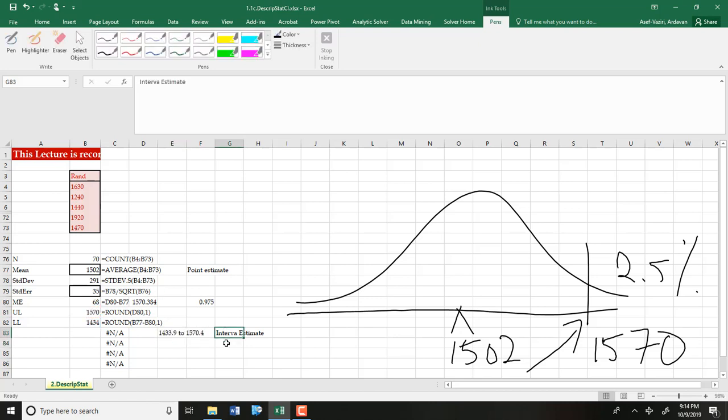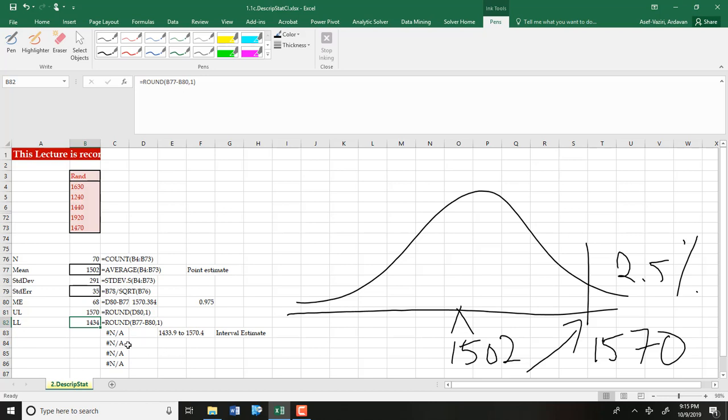So my interval estimate is from 1433.9 to 1570.4. So we computed our point estimate, then we computed standard deviation, standard error, which is standard deviation divided by square root of sample size. This is the gap which should go to the right and to the left. Upper limit, this is lower limit.